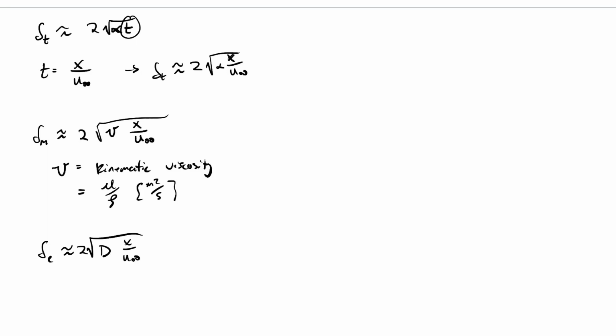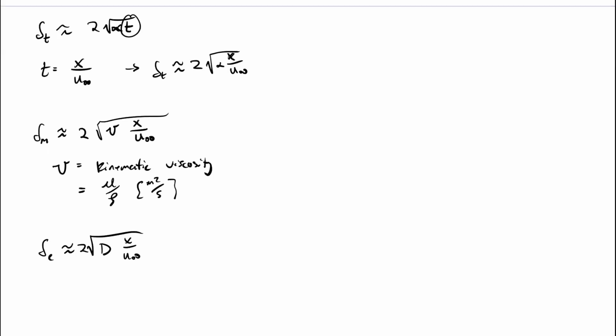It's the same underlying law. It's just a diffusion process. It's the same thing for momentum, same thing for heat, same thing for chemical species diffusion. So we have these 2 concepts that we're going to move forward with, this delta T and this delta M.